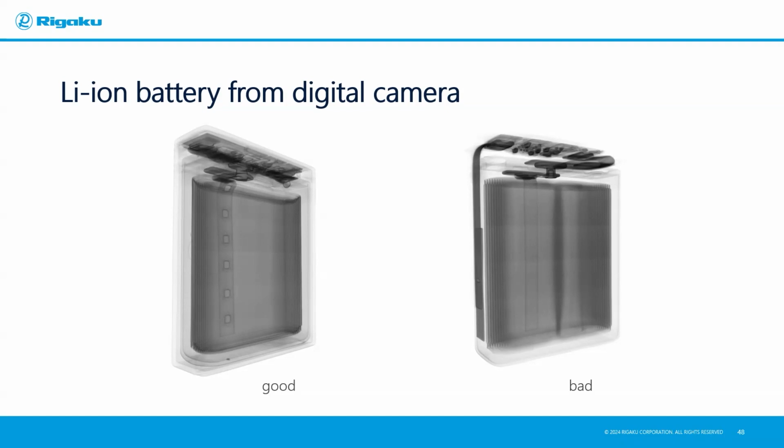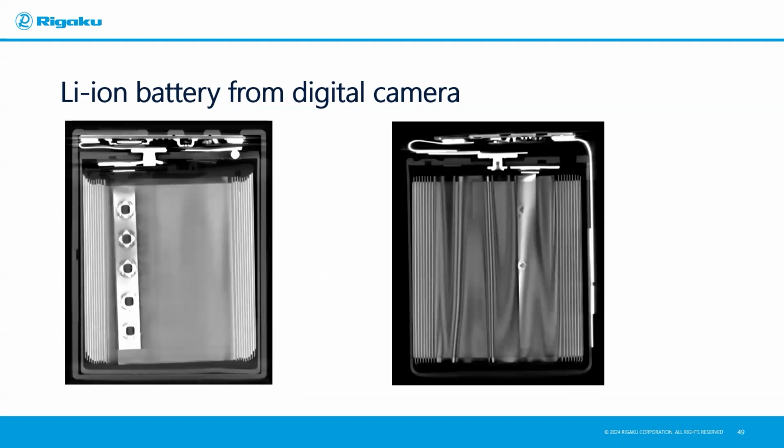If we again take that vertical cut through, remember the good battery, you can nicely see the layers and other components inside. For the bad battery, there's something more complicated going on. You definitely see the layering, but now you see some of the layers are showing up in the middle as well.